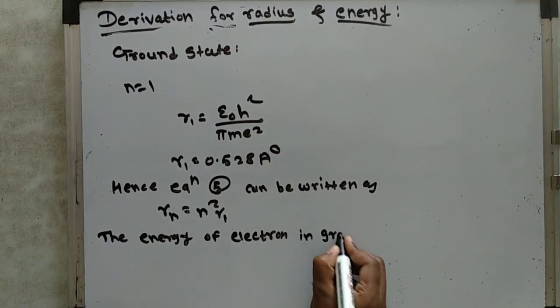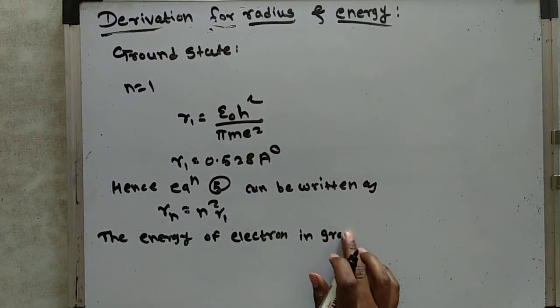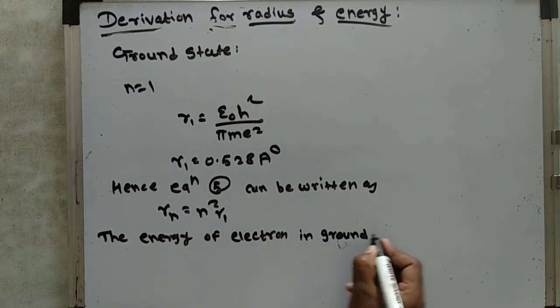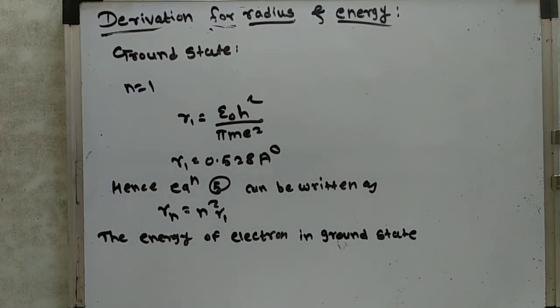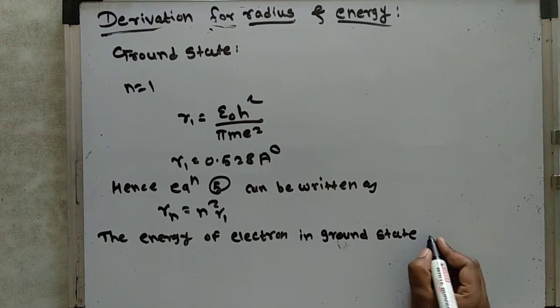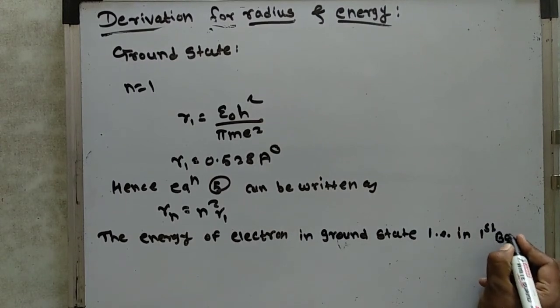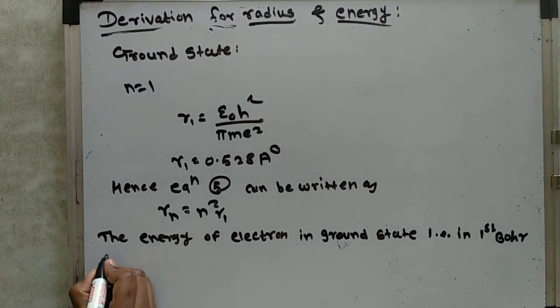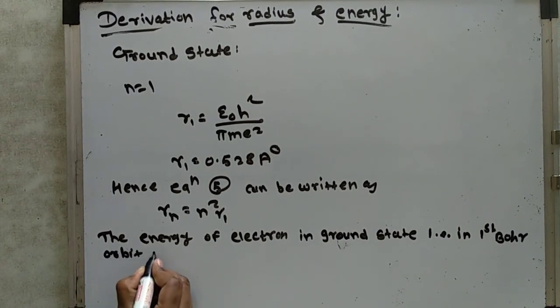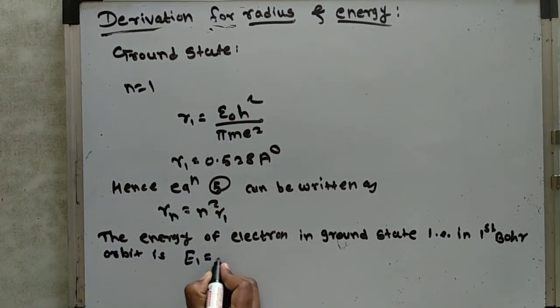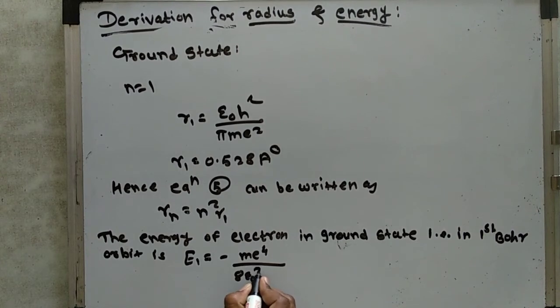The energy of the electron in ground state, that is in first Bohr orbit, is E1 is equal to minus m e to the power 4 upon 8 epsilon naught square into h square.